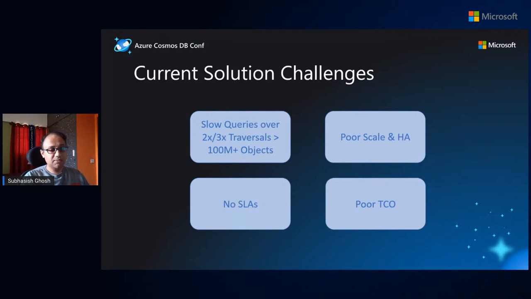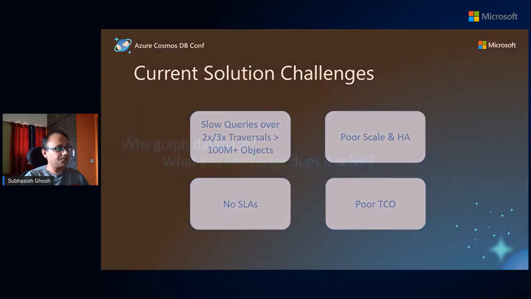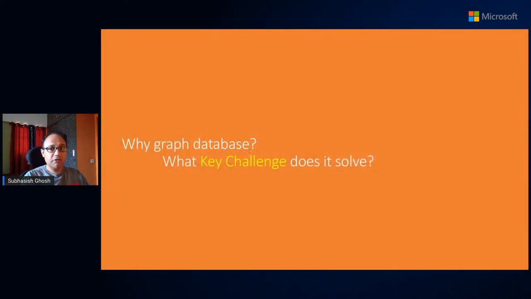Definitely on the last mile, read latency, write latency, and throughput would be excellent to estimate and also optimize for. These two are very, very important points. And then, of course, because of the lack of the above-mentioned points, there was a poor TCO for this particular use case.